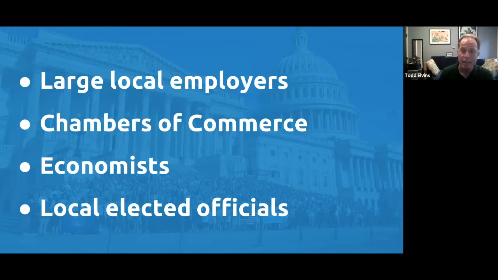They move in the same circles and they probably see each other. 2, climate change impacts are happening in their city, county, or state, the jurisdiction which is their responsibility. 3, since you voted the local elected officials into office, they are likely to be receptive to your meeting requests. They're probably going to take your meeting without too much trouble. So those are 3 good reasons that you want to have local elected officials on your long list.